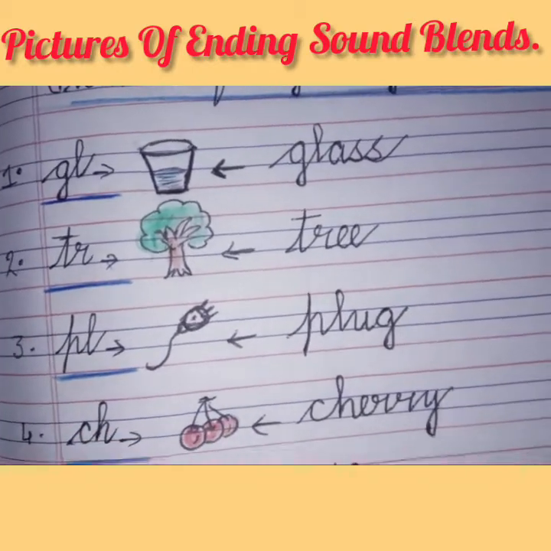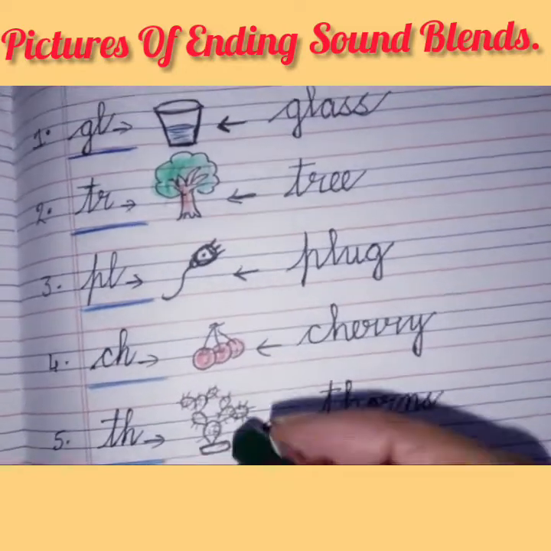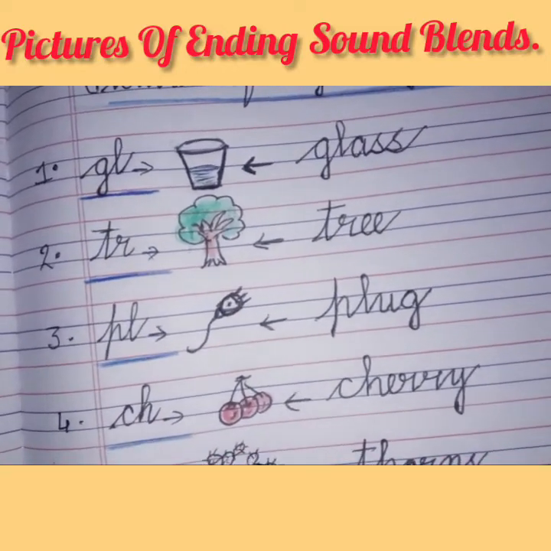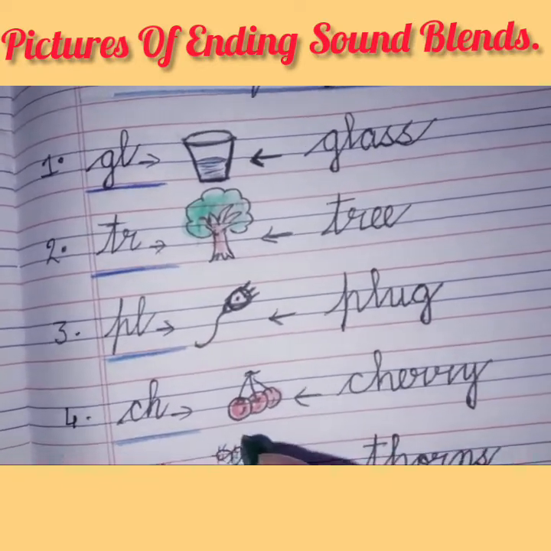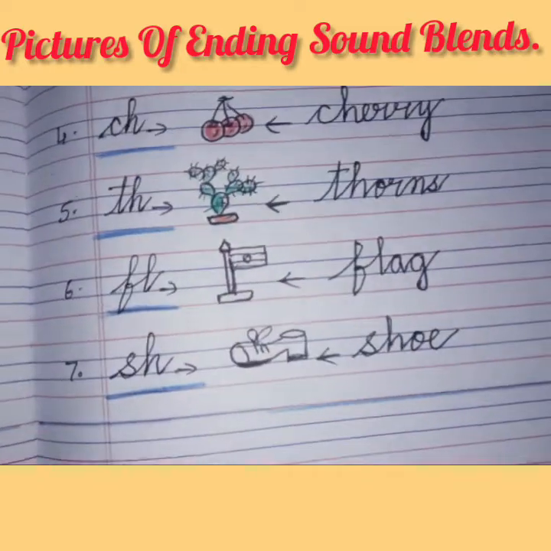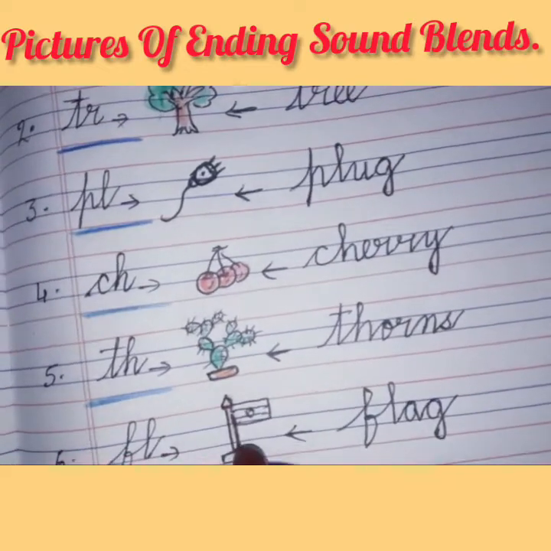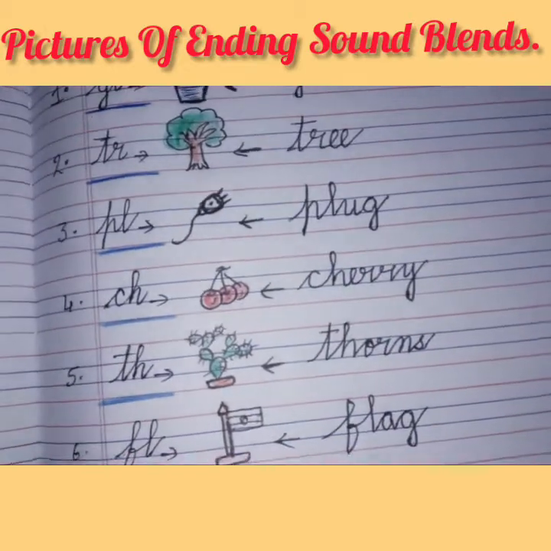Children, you should color with crayons only. Don't use sketch pens. Now I will color the cactus plant with green like this. It has so many thorns. Now it's a national flag. So firstly I am going to color this pole and this platform.